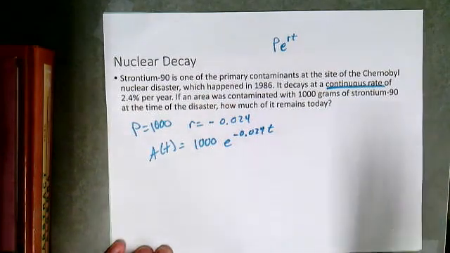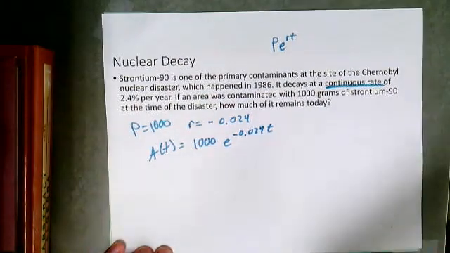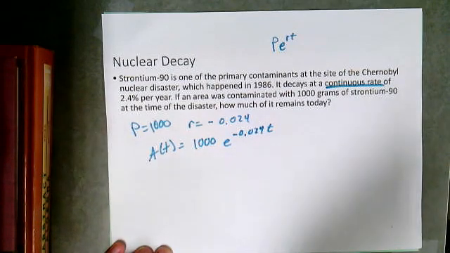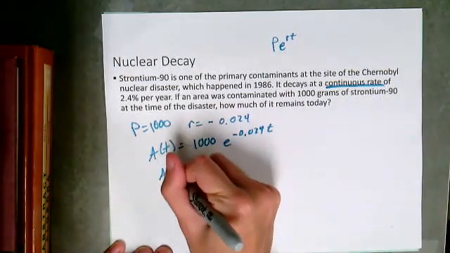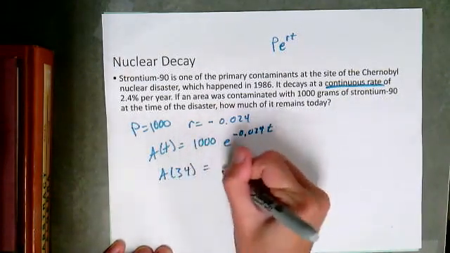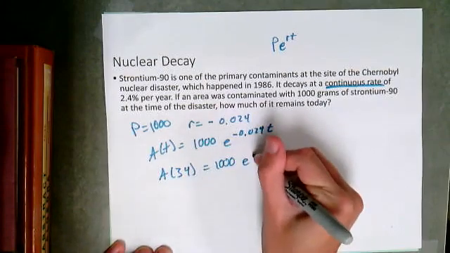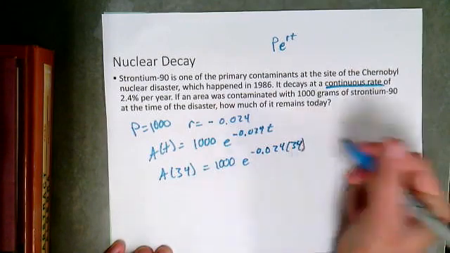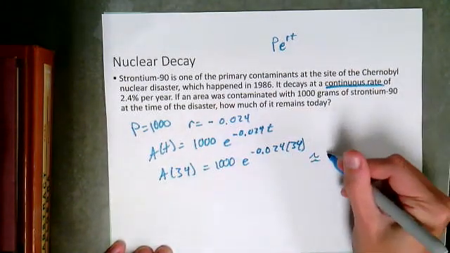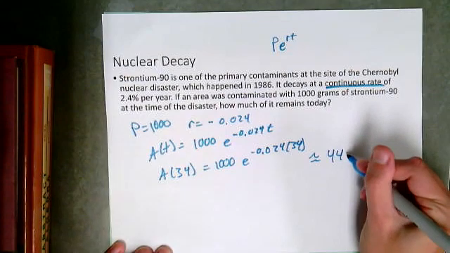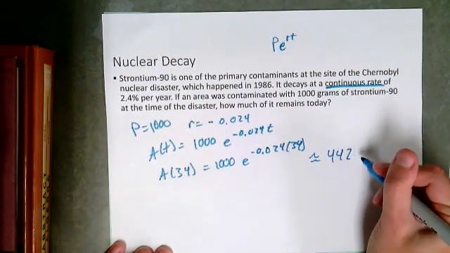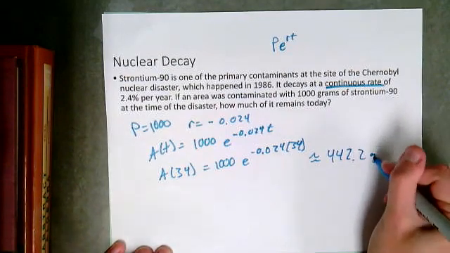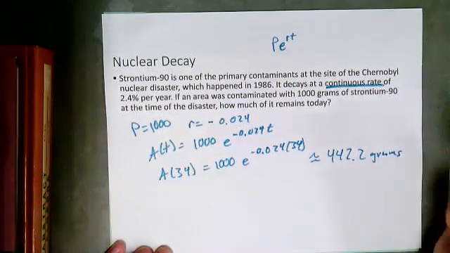And we want to find out how much of it remains today. Well, 1986 is 34 years ago now. So A of 34 is equal to 1,000 e to the negative 0.024 times 34, which approximately equals out to 442.2 grams, right?